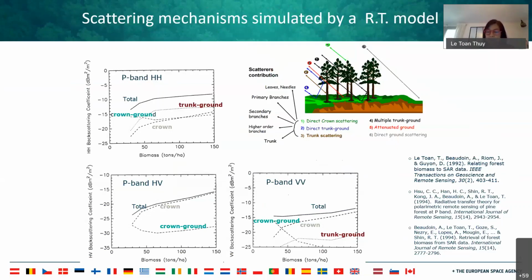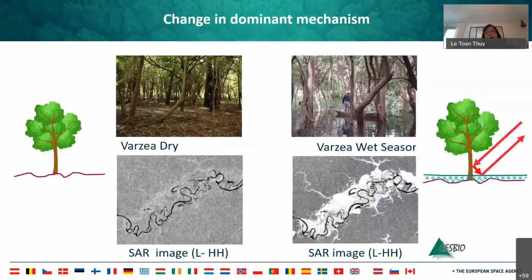That's three papers here, a long time ago. The change in dominant mechanism is also illustrated by the double bounce here. This is the Varzea, dry, in Brazil. Douglas may know what it is. Here is the SAR image in HH.